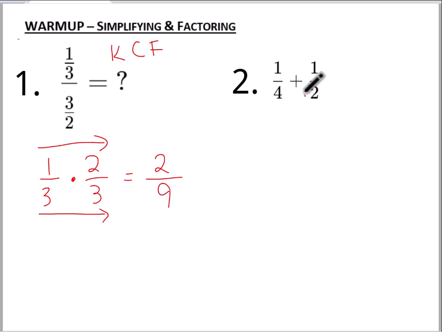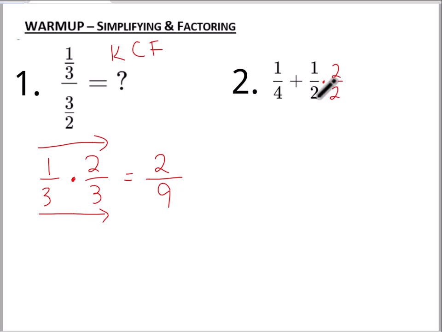The other thing, we're going to add fractions. Hopefully you remember that when adding fractions, you need to have the same denominator. We saw that when we were adding 2 pi or versions of 2 pi to make those fractions the same. What I need to do to make these two fractions the same is make this denominator also 4, and the way we get that is by multiplying by 2.